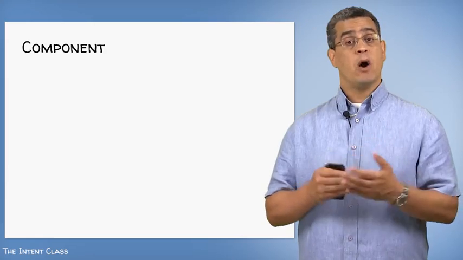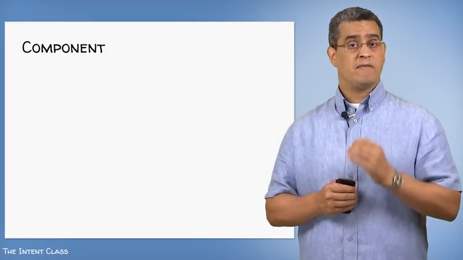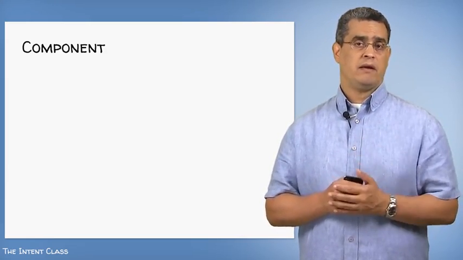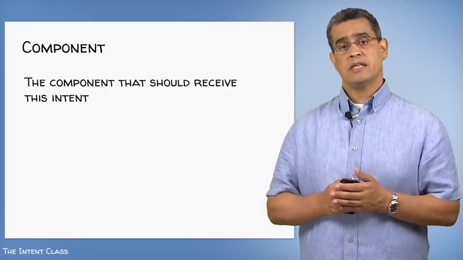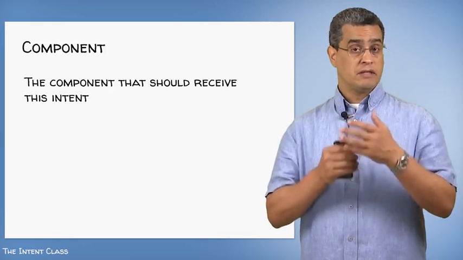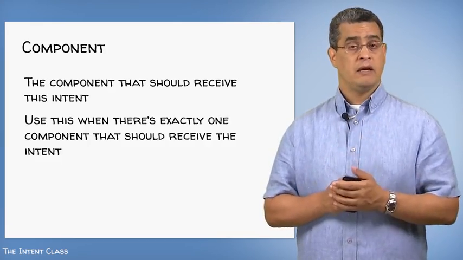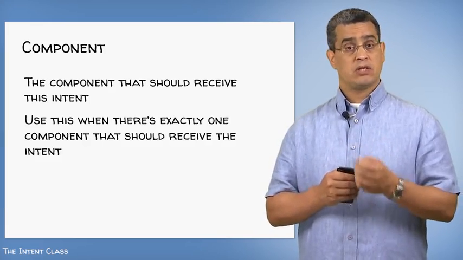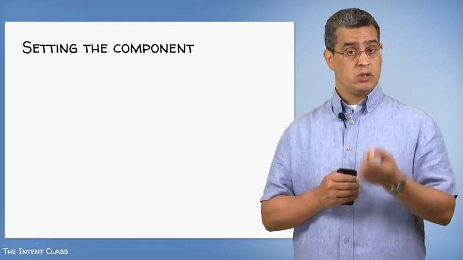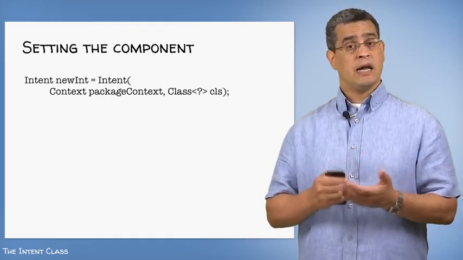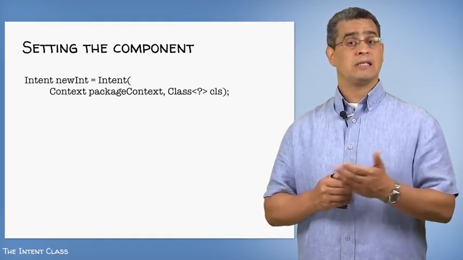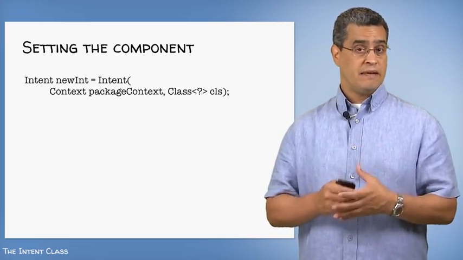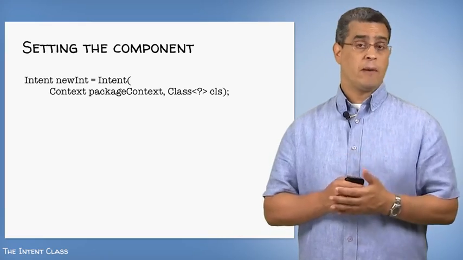Intents also have a component field that identifies the intent's target activity. And you can set this field if you know that there is exactly one activity that should always receive this intent. You can set the intent's target component using one of the intent's constructors by passing in a context object and a class object, which represents the activity that should perform the desired operation.